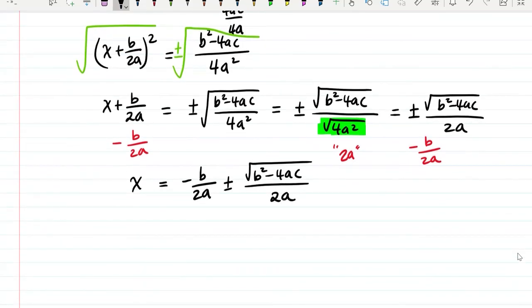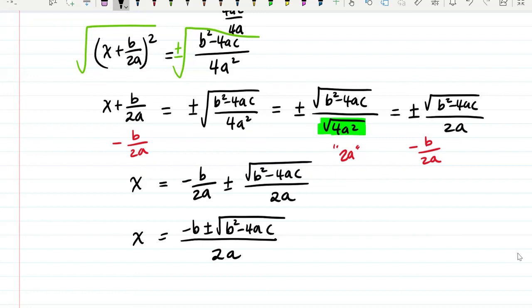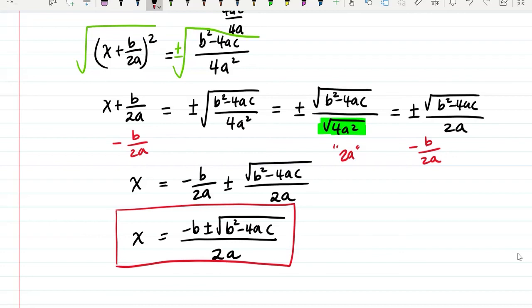Since these two fractions have the same denominator, we can combine those two as x equals minus b plus minus square root of b squared minus 4ac over 2a, and that is our quadratic formula. So that's how we derived the quadratic formula using the completing the square method.